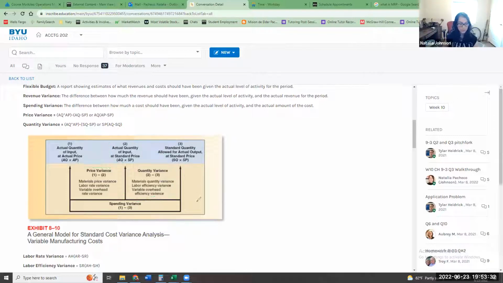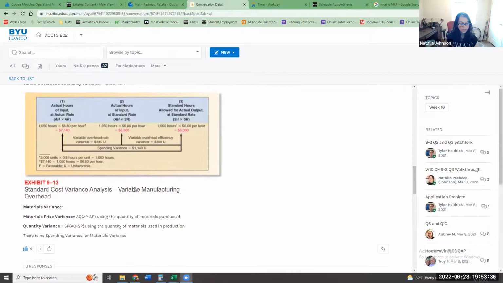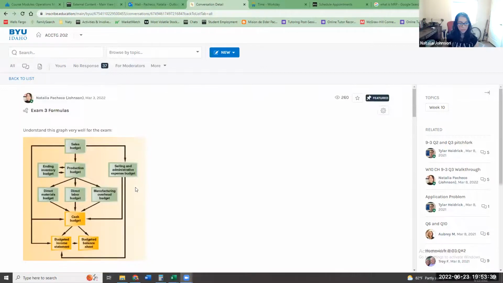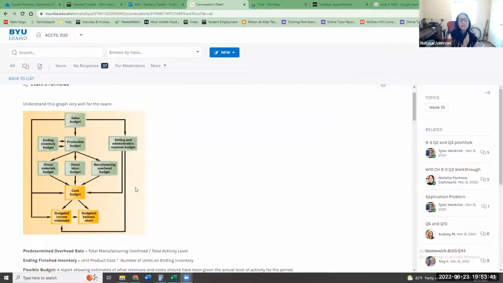Yeah, what else? This is a post that I put here for the formulas and most important things to remember for the exam. I think memorizing this diagram right here for chapter 8 makes a big difference.